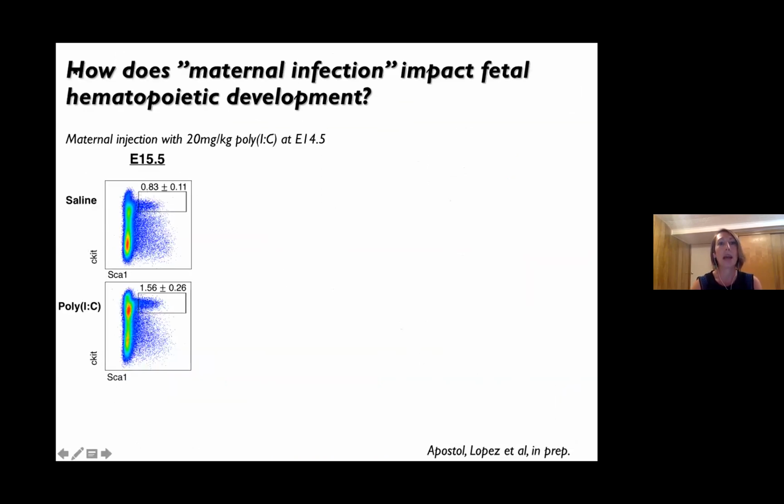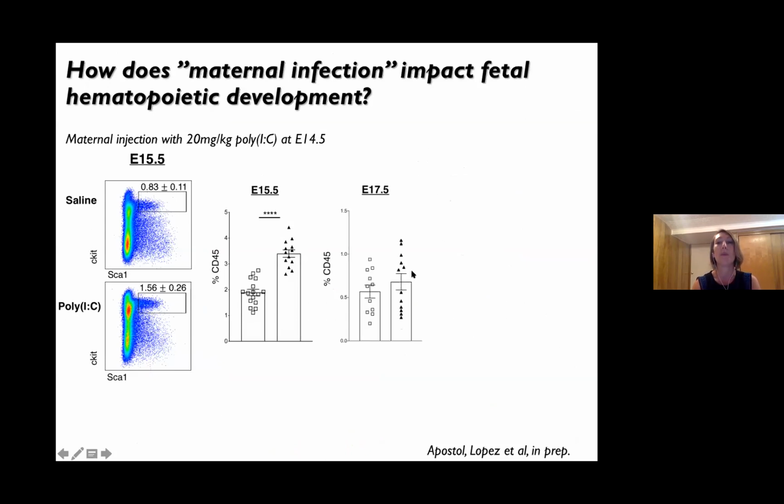And so we examined hematopoiesis 1 day after injection in the fetal period. And what we observed was a significant expansion of our stem and progenitor compartment. And this was quite significant, but also relatively short-lived overall. So by E17.5, this change has already dissipated.